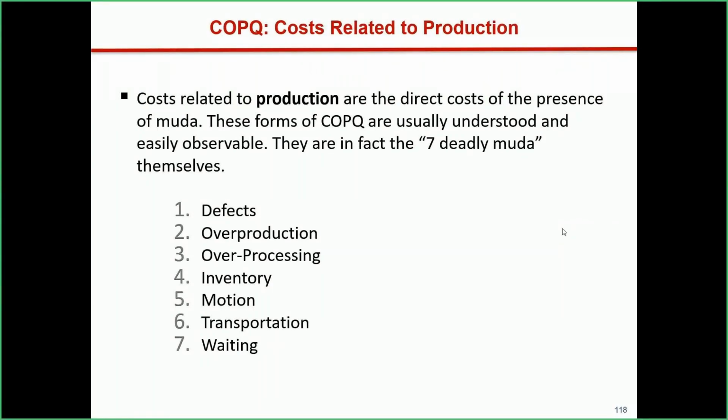When I say adding value, it is not increasing the taste, and it is not increasing the value in terms of money. It is just moving the goods from one place to the other. Or goods may be moved within the factory from one place to another just to clear out the other place. So transportation is not adding any value to the product or production. That's the reason it is also a form of cost of poor quality.